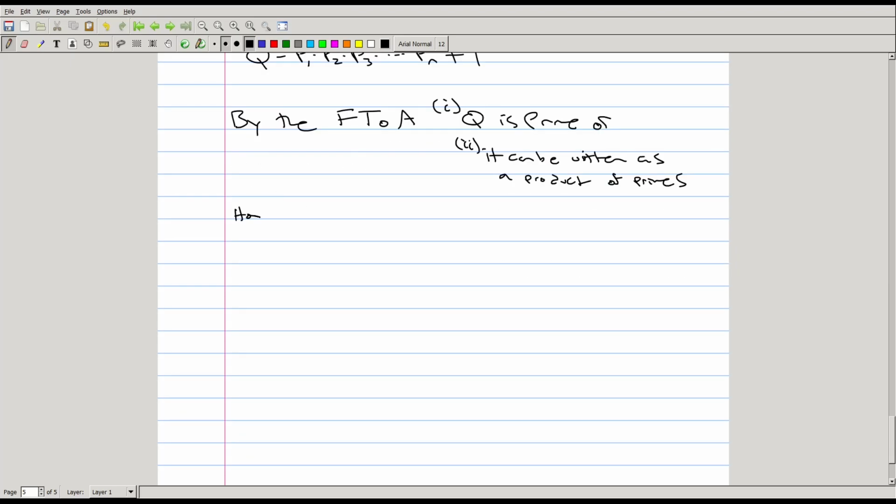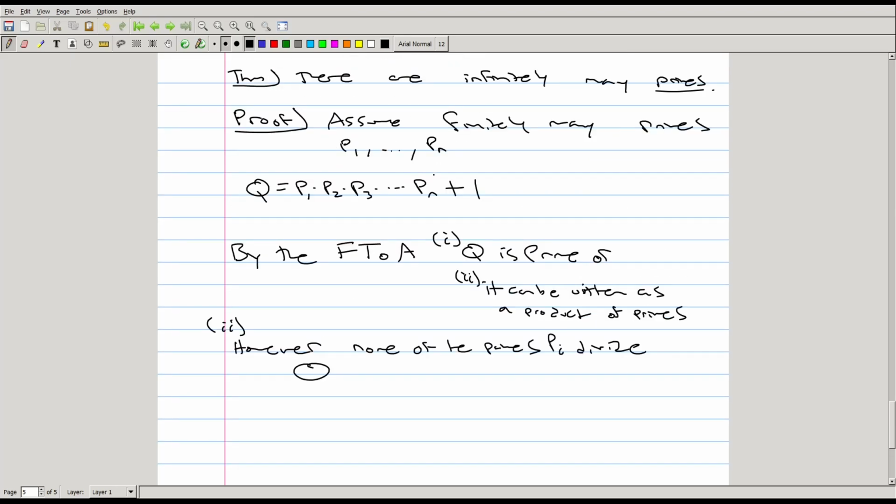However, in the case of 2, none of the primes divide Q, because Q is the product of all the primes, which this product is divisible by every single one of the primes, but 1 is not divisible by any of these primes.